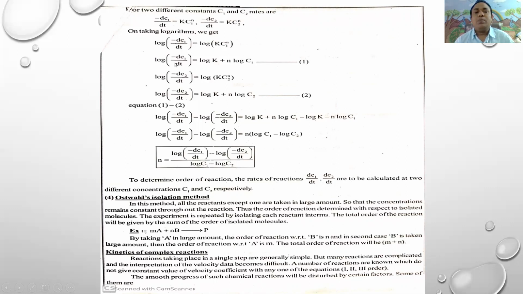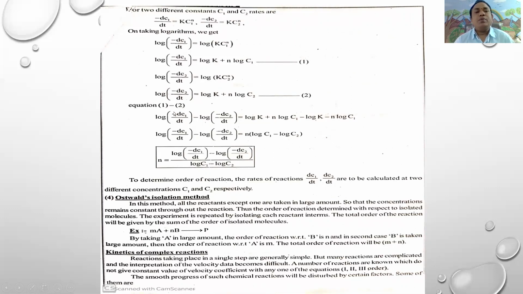That implies log(minus dC1 by dt) equals log K plus n log C1, equation number 1. Similarly, taking logarithm for the other reaction, log(minus dC2 by dt) equals log K plus n log C2, equation number 2.